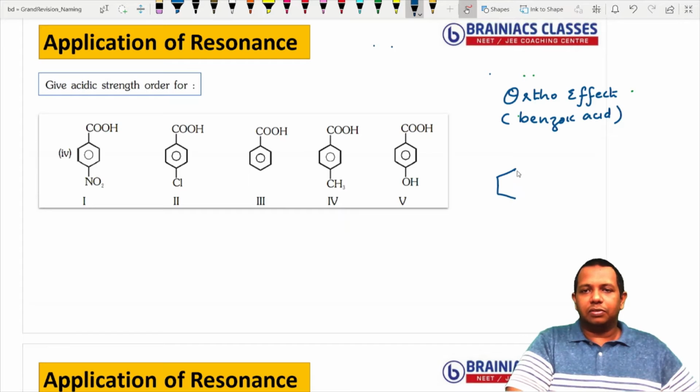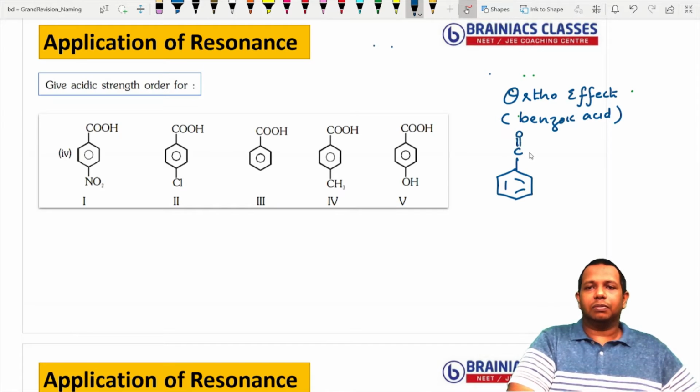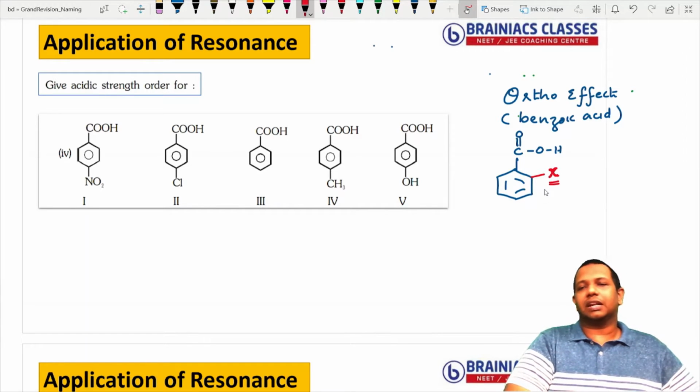Suppose in benzoic acid, it is ortho substituted, here comes any substituent. I am putting that generally as X, it is not a halogen, a general substituent.